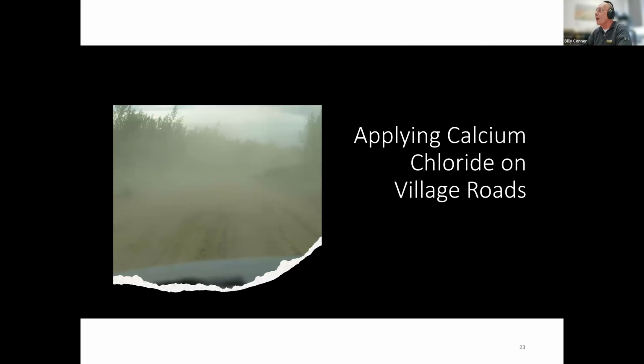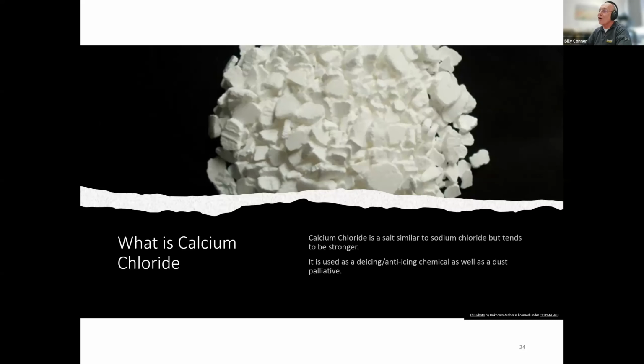So if we look at applying calcium chloride on your roads, let's talk a little bit about what calcium chloride is. It's basically a salt, just like sodium chloride, but it tends to be a little bit stronger. And it's what the state of Alaska DOT uses, and they also use it for de-icing and anti-icing as well as dust palliative.